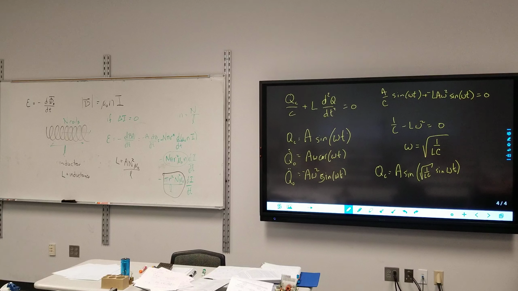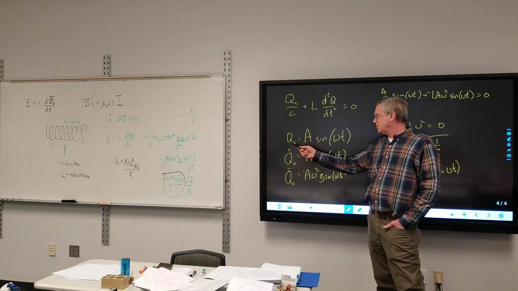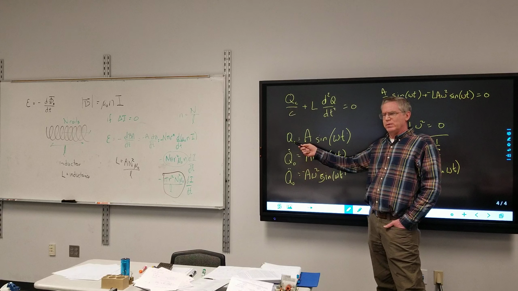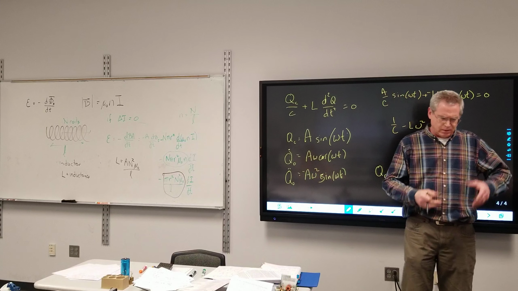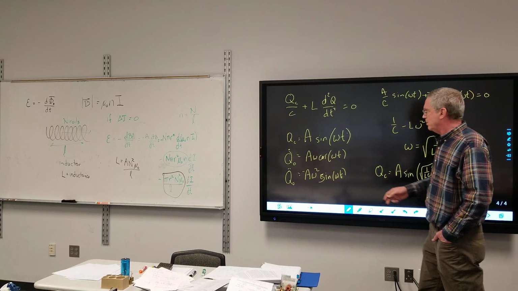Except the trouble with sine by itself is, when time is equal to 0, what is the sine? Zero. Which means that the charge, if sine is sufficient, would be 0 to start with. And we know that's not the case. The premise was that the capacitor is fully charged. So Q_C can't be 0, it has to be that amplitude.